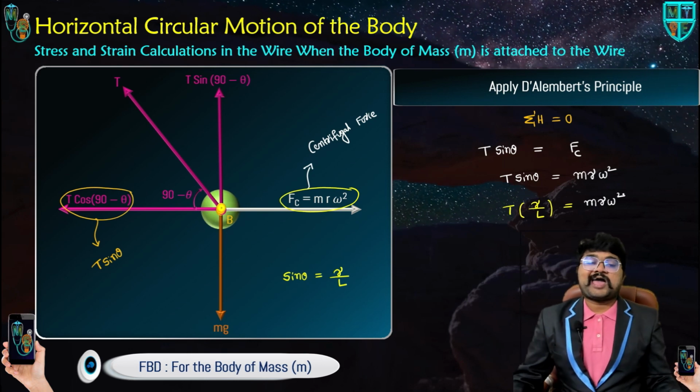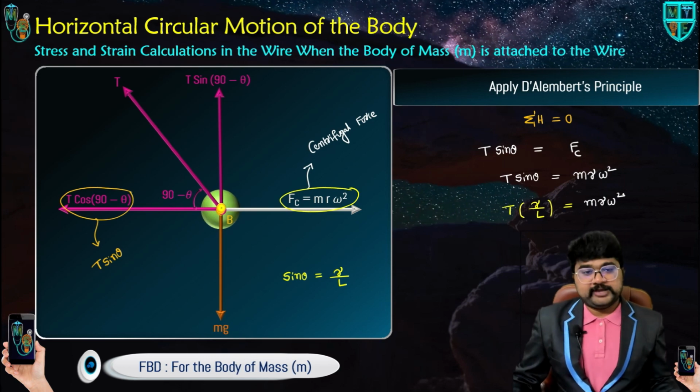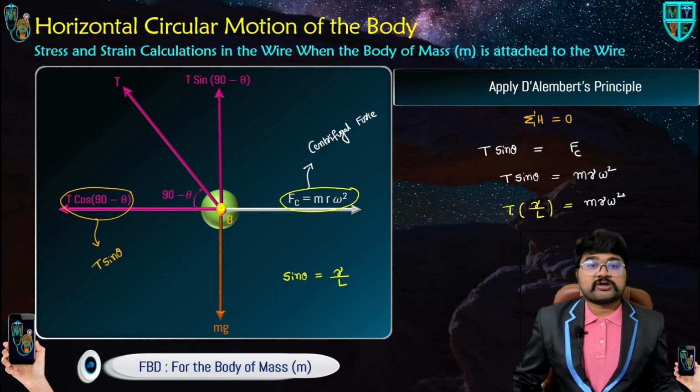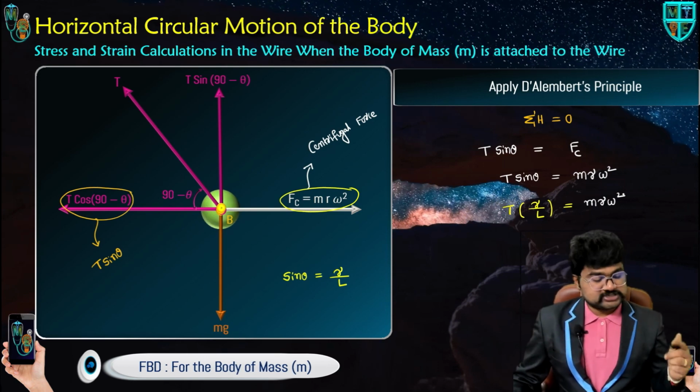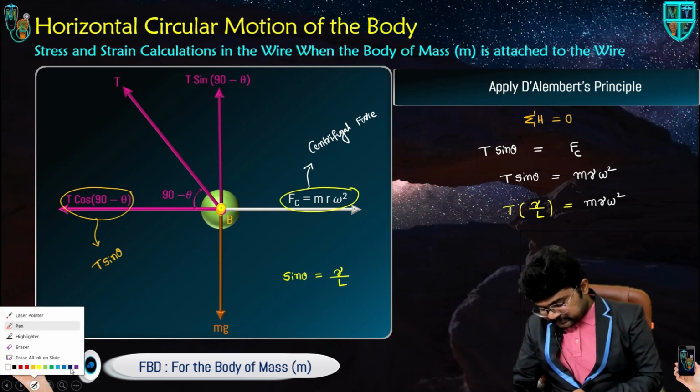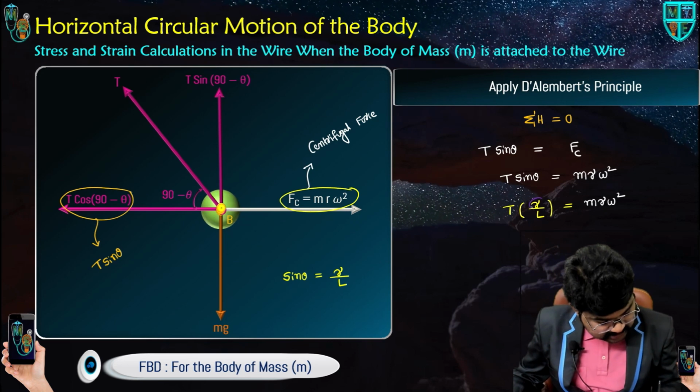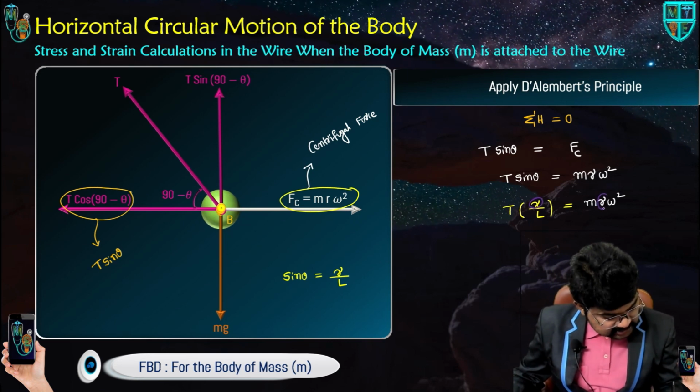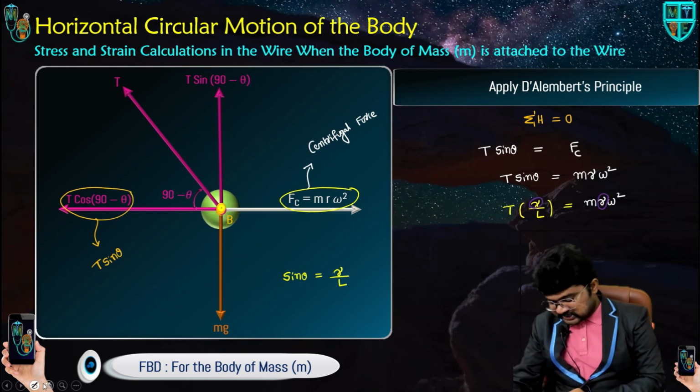Omega is the angular velocity of the body, which is in horizontal circular motion. Here R gets cancelled out. You can cancel this R and this R.